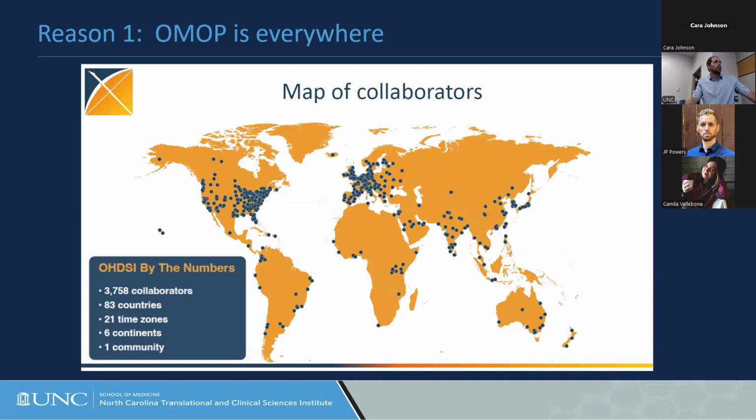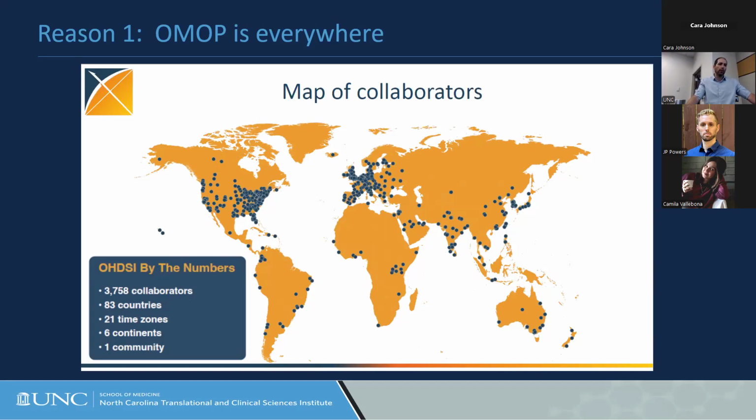This is a map of active OHDSI collaboration as of the end of 2023. You can see there is a lot of activity in the United States and in Western Europe, but also a pretty large amount of collaboration on OMOP even outside of the traditional areas of significant collaboration.